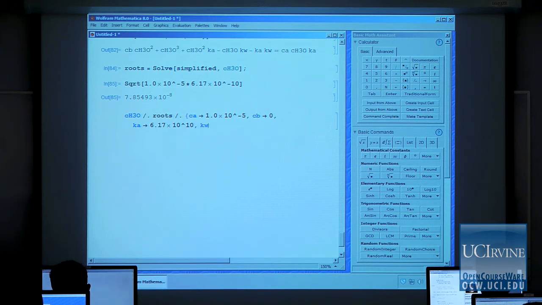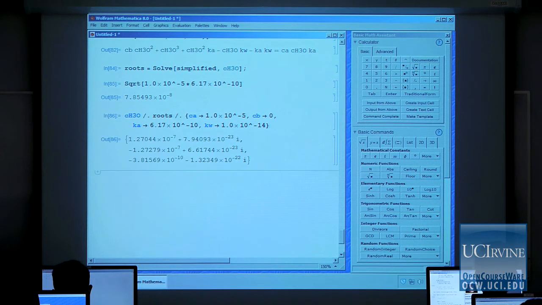And we know at room temperature, K water is equal to 1.0 times 10 to the minus 14. You say Ka should be minus 10? Yeah, it should be minus 10, thank you. That would give a very strange result. Okay. Now, let's go ahead and enter that.